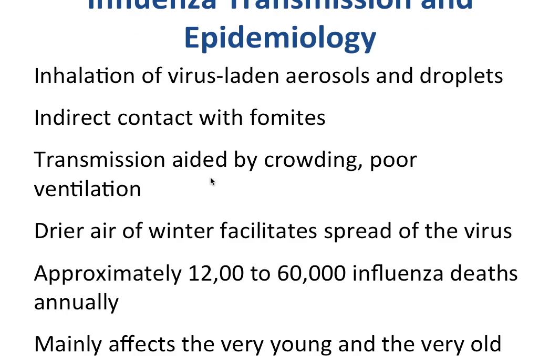So the transmission is through the respiratory droplets. The contact with fomites is also one transmission route. So it's very easy to transmit this disease in cold, poorly ventilated environments.